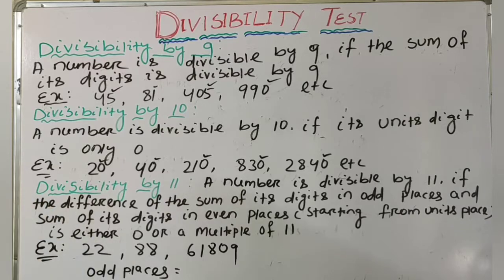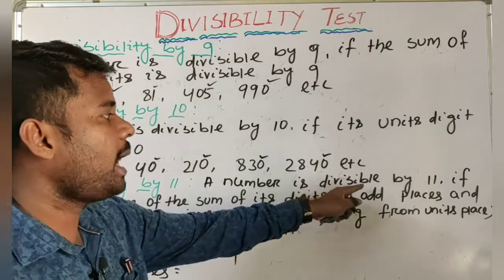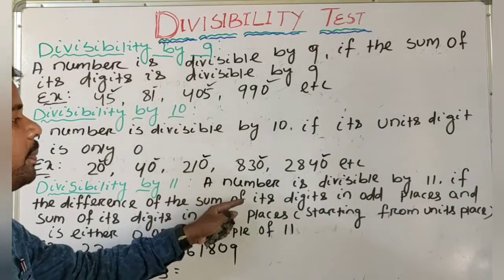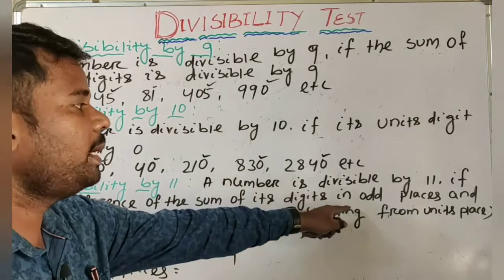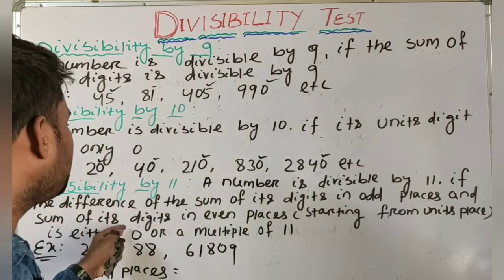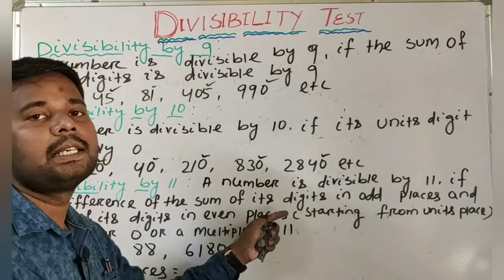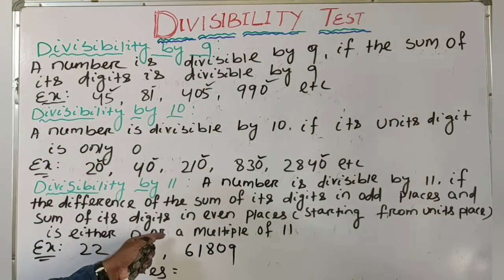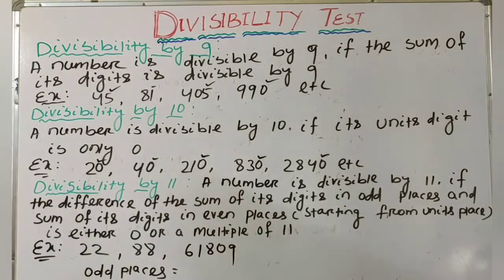Next we will know divisibility by 11. A number is divisible by 11 if the difference of the sum of its digits in odd places and the sum of its digits in even places, starting from the units place, is either 0 or a multiple of 11, then the number is divisible by 11. For that I have taken some examples.